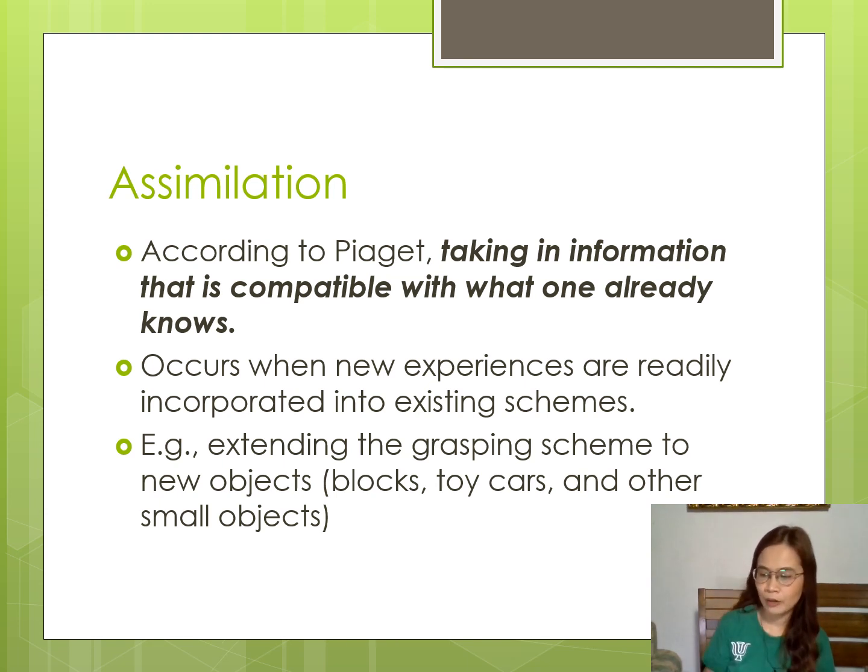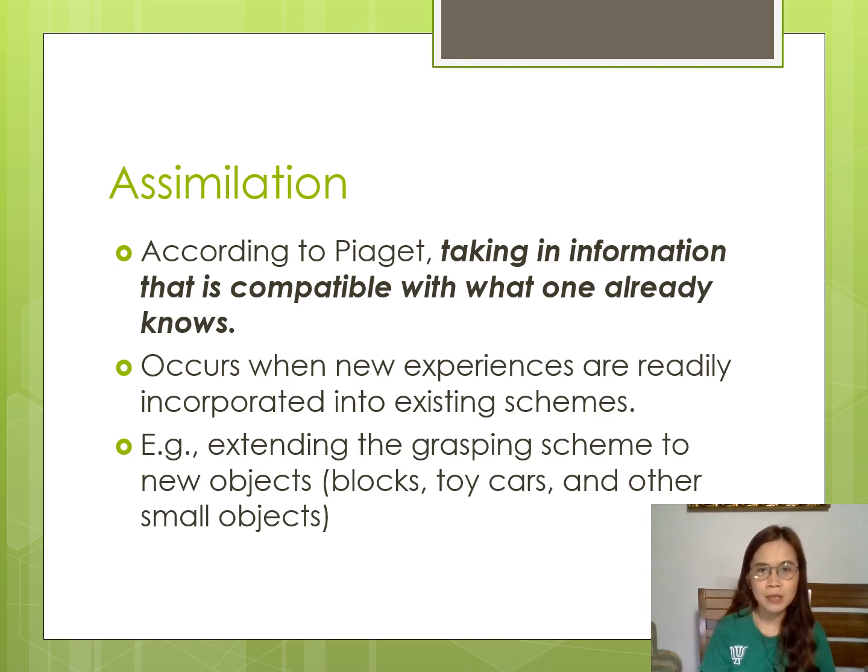Like for example, ngayong adult na tayo, yung sa cellphone, di ba, we used conventional cellphones before. Ngayon, mga touch screens na siya. Android na. So, meron na tayong previous knowledge about how to use a cellphone, di ba? Paano mag-type, paano gumamit ng keypad, paano mag-call, mag-text. Ngayon, sa bagong cellphone na tinatawag na natin ngayong smartphone, pwede pa rin natin siyang gawin.